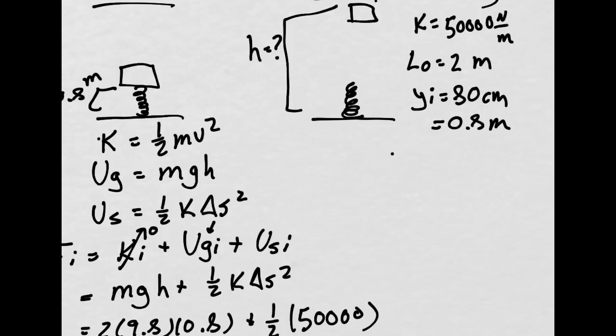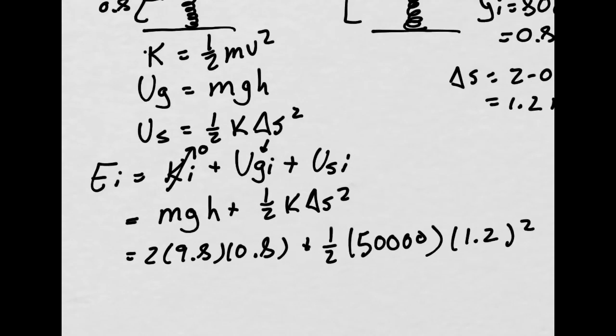So delta S is 2 minus 0.8, which is 1.2 meters squared. So it's very important to keep your variables in check because our height is not the same as our delta S. They are different, and it's important to keep them in track.